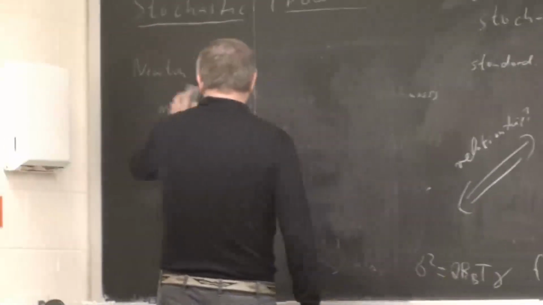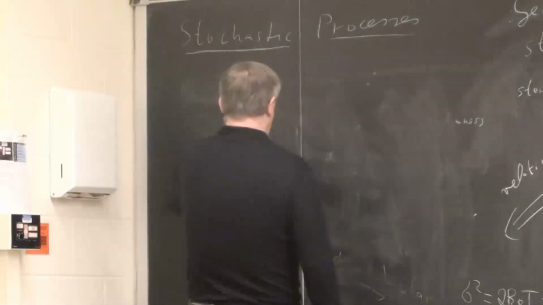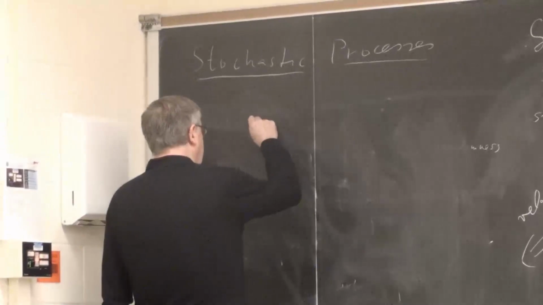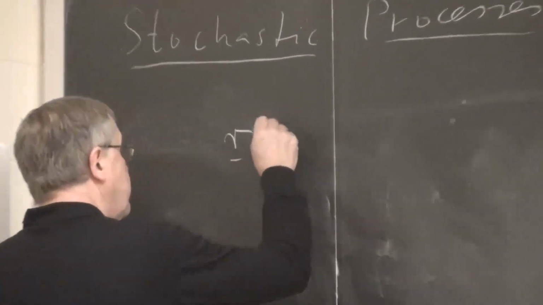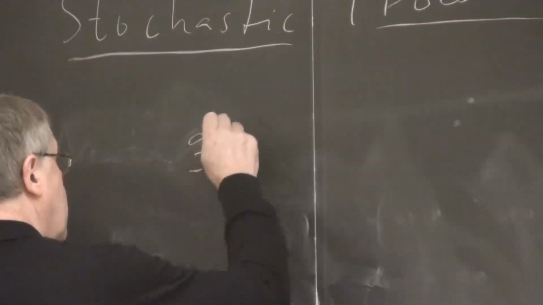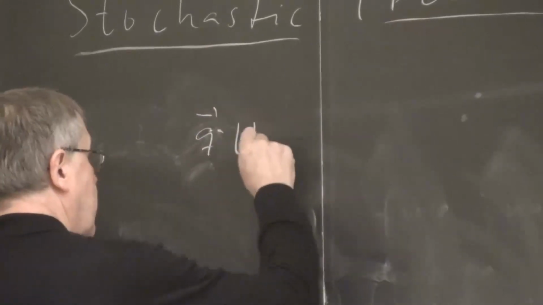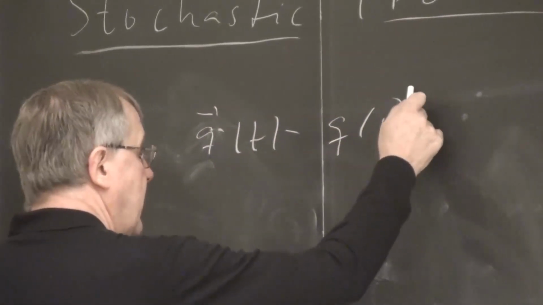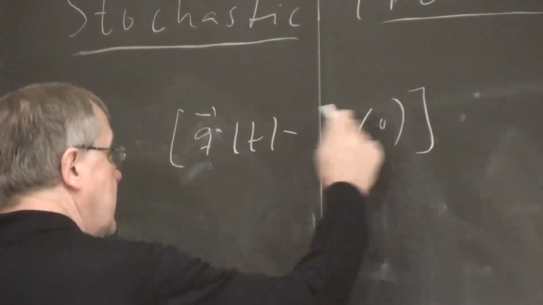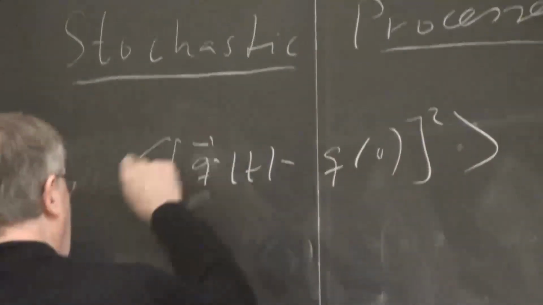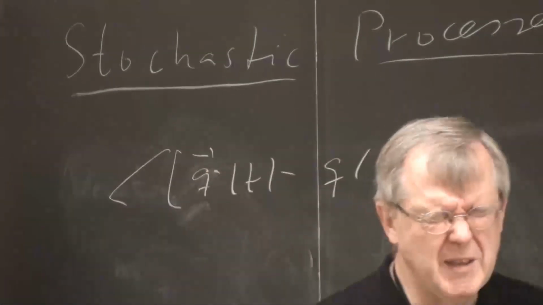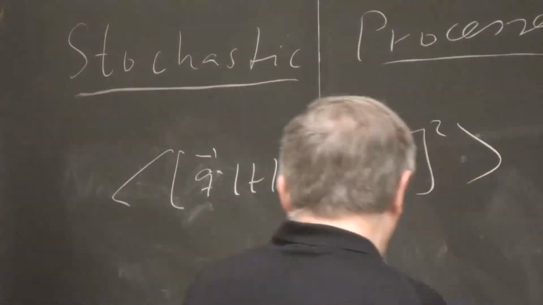In the notes we derive for you the following: what is the spread of the particle squared, how much does this particle spread out in time when you start at the position 0.